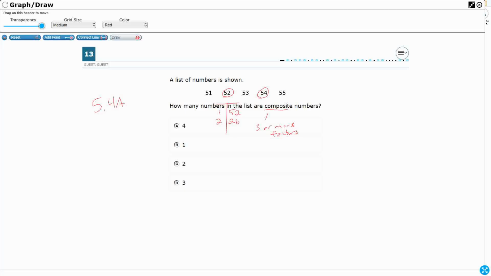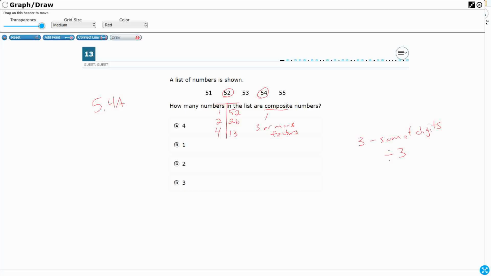And then if we're thinking about our divisibility rules of 3, that means if the sum of the digits is divisible by 3, then the number itself is divisible by 3. 5 plus 2 makes 7. That's not divisible by 3, so we can't do that. But we can do 4 and 13. And then there's not going to be 5s or any 6s, so I think that's about all we're going to have there. But we've got 6 different factors of 52.